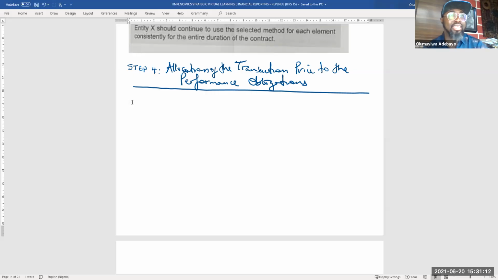It is less rule-based, because things might look similar and they might be accorded different treatments in order to reflect the commercial substance of those transactions.